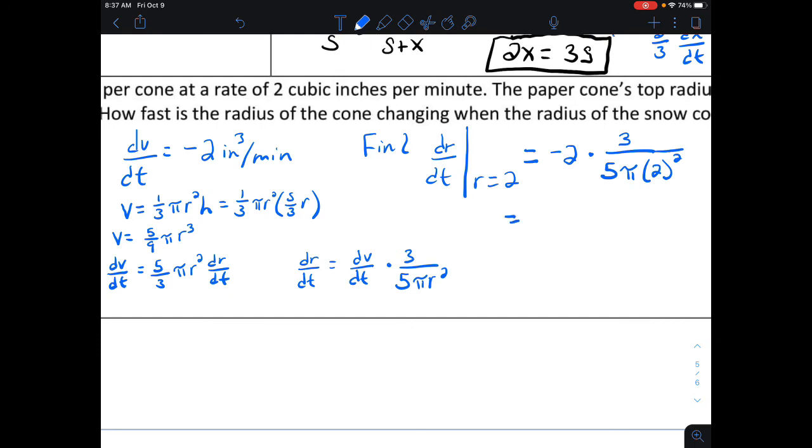And we're going to wind up getting -3 over 10 pi. And we have to attach our units. Well, we're looking at the rate of change of our radius. We measure the radius by its length. Our length units here are going to be inches per unit of time, and our time is measured in minutes.